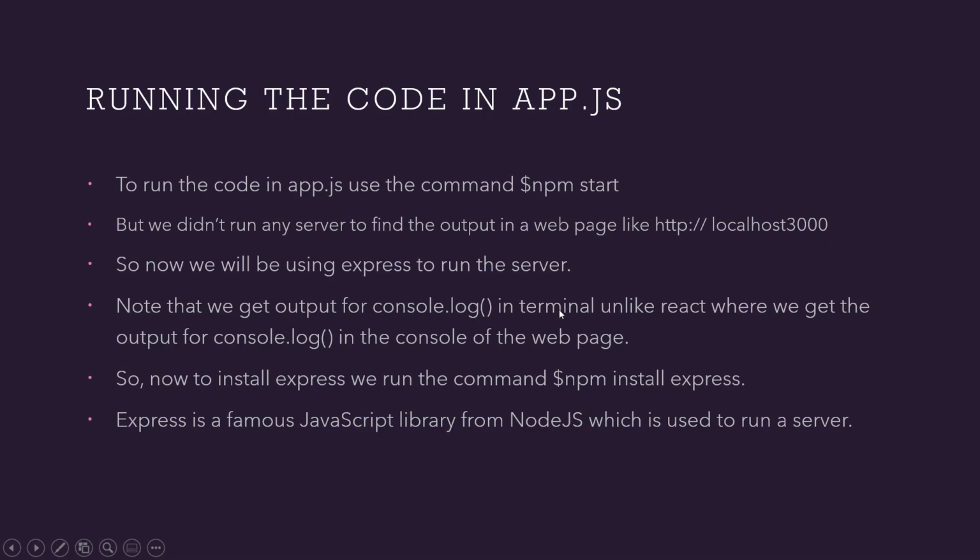Note that unlike in React.js, where we get the console.log output in the console of our web page, we will be getting the console.log outputs in our terminal in VS Code.